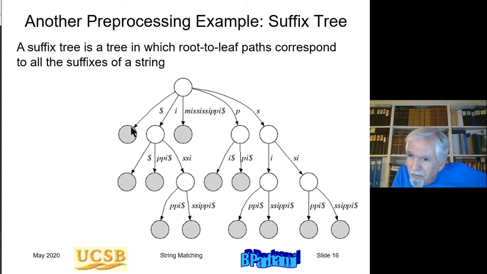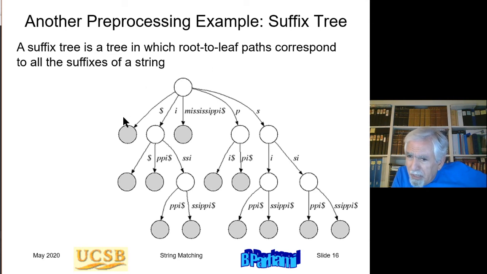All the suffixes that begin with P are in that branch. And those suffixes are PI dollar and PPI dollar. And suffixes that begin with S are that final branch.